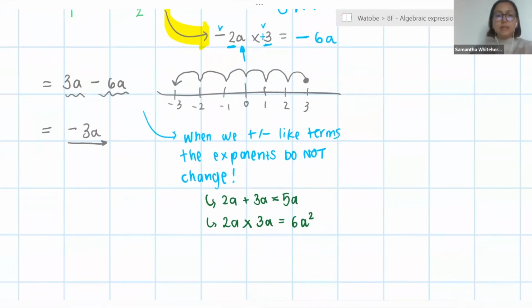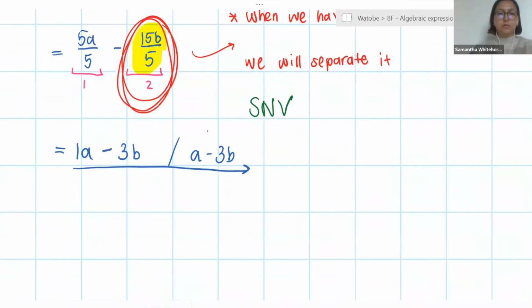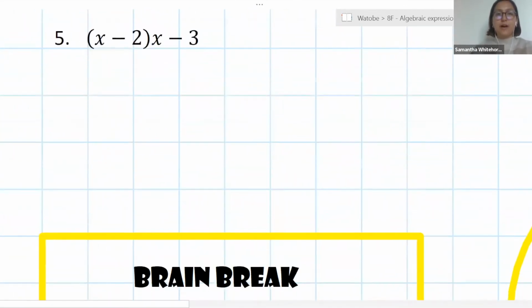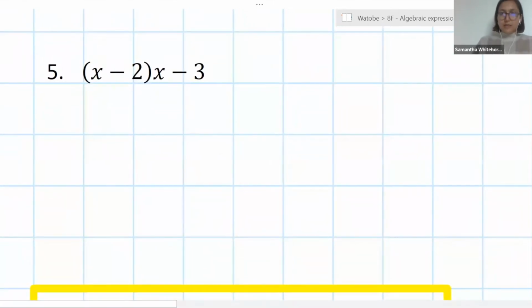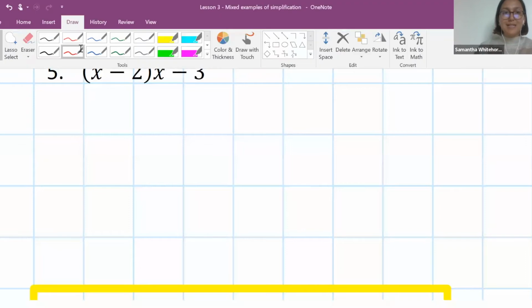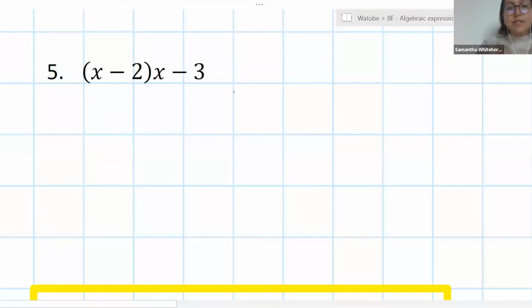Right, guys, so let's have a look at question 5. We're going to do question 5, and then you can have a brain break, you can stretch. Again, I'm going to help you a little bit, but then I'm going to let you go. So remember, step 1, identify your terms. This is the only plus or minus sign that I care about in terms of separating terms. The other one's inside the bracket, so I don't care about it.